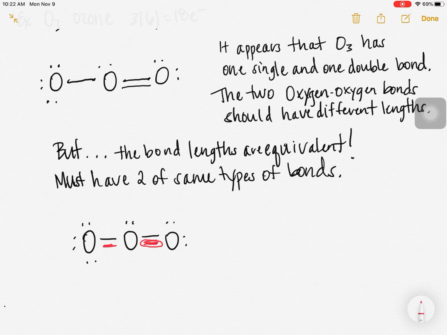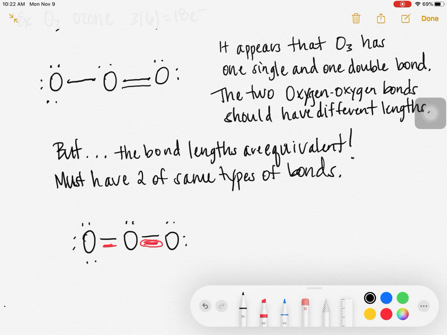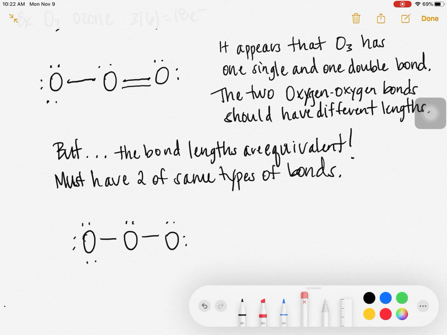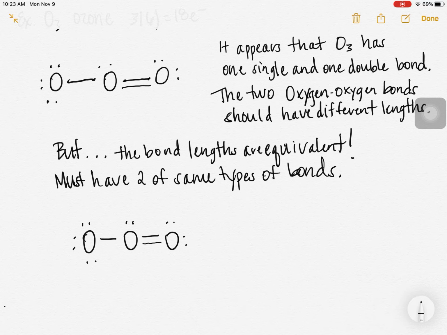Now, I know how we have it drawn, the lone pairs would violate an octet, but knowing that electrons could be moving around, what the scientists said was that those electrons are not stationary, and instead they are resonating back and forth between the two possible locations for the double bond. So they drew this with a double-headed arrow, and they said, okay, sometimes the double bond's on the right-hand side, but sometimes it's on the left-hand side.